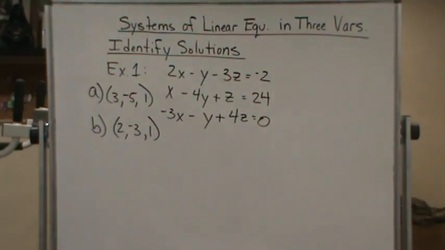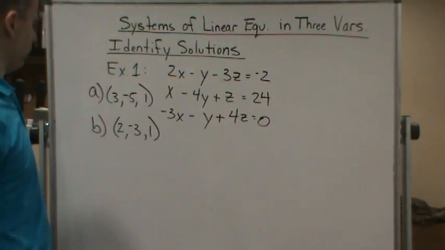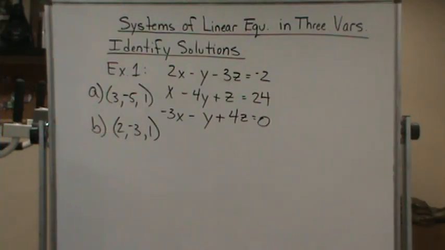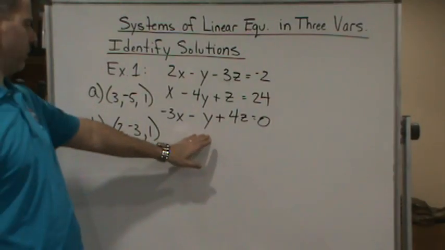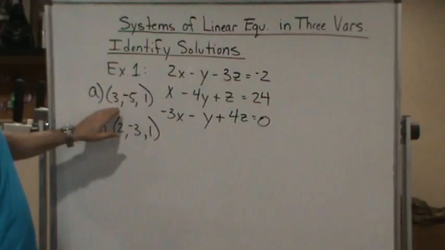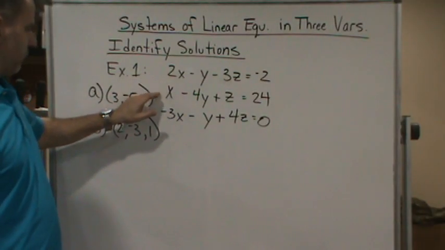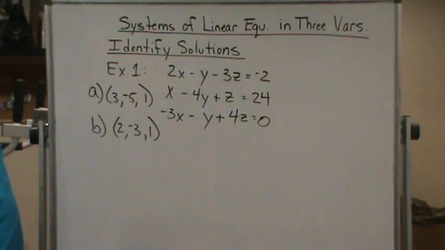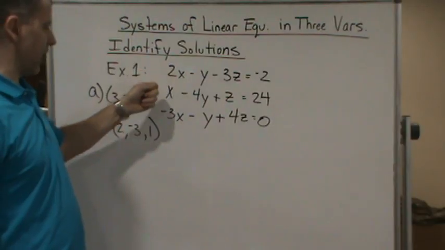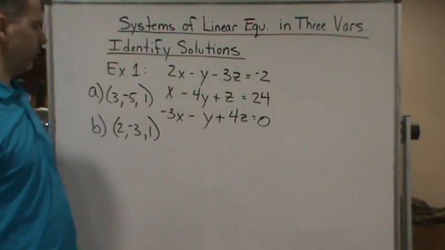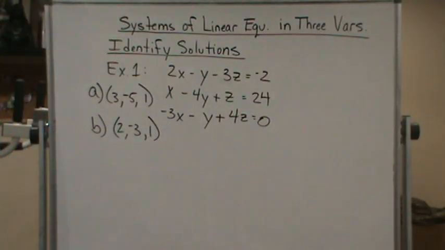In order for either one of these ordered triples to be a solution to this system, we must plug the values into each and every equation, and we must get a true statement for each and every equation.